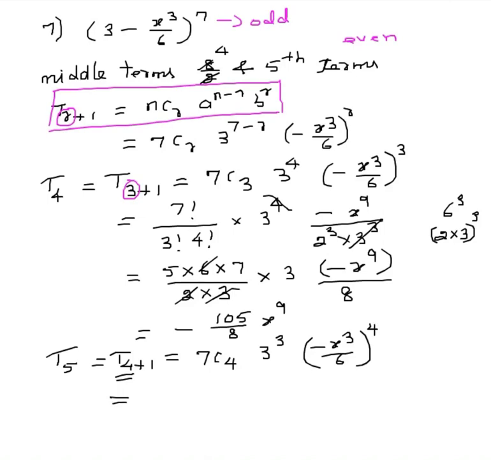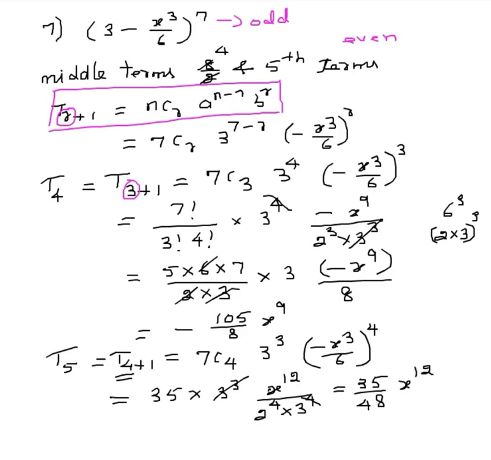Let us simplify. 7C4 and 7C3 are same. 5 7s are 35. 3 cube, minus x cube whole power 4, even power, so it becomes positive, x raised to 12 divided by, I can write this as 2 raised to 4 times 3 raised to 4, which is 35 over 16 times 3 is 48 times x raised to 12.